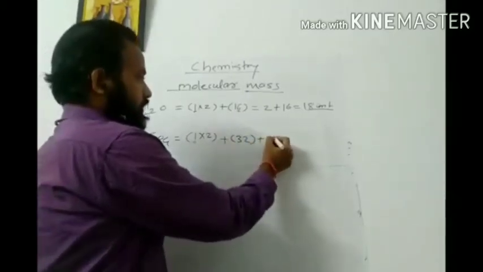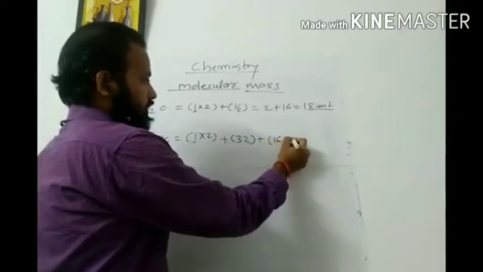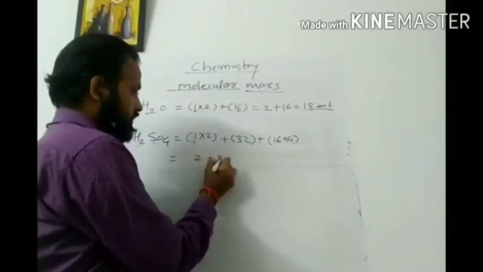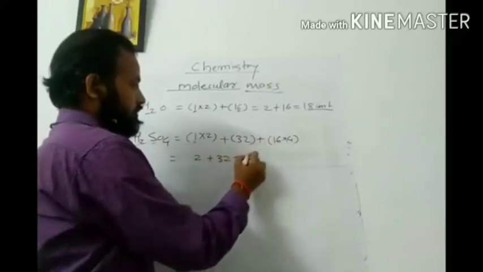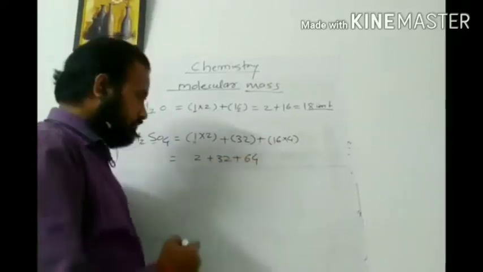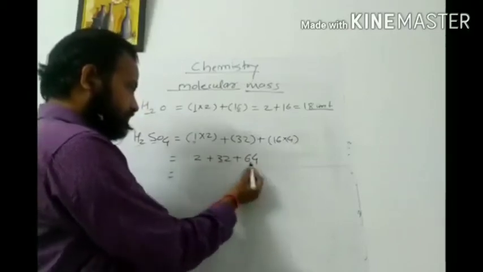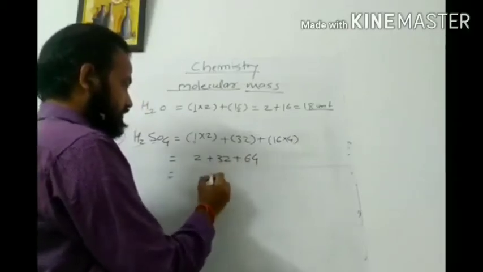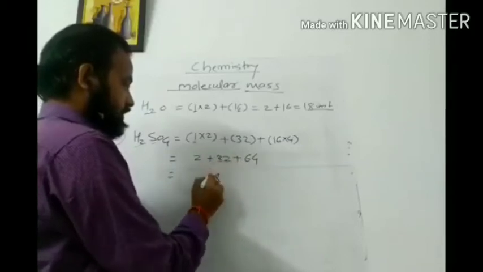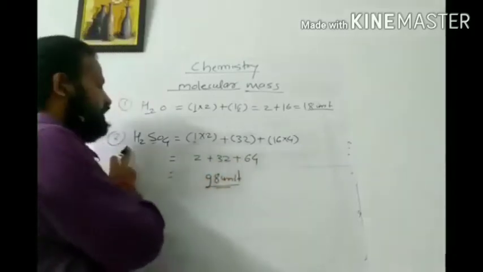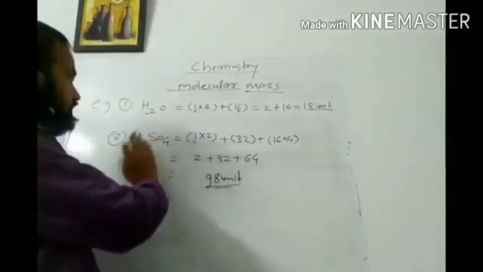Here the atomic mass of oxygen is 16 and there are 4 atoms. If I solve it, I get 2 plus 32 plus 64. Then 32 plus 64 is 96, plus 2 is 98 unit. So 98 unit is the molecular mass of H2SO4.